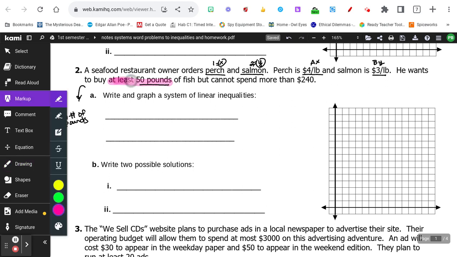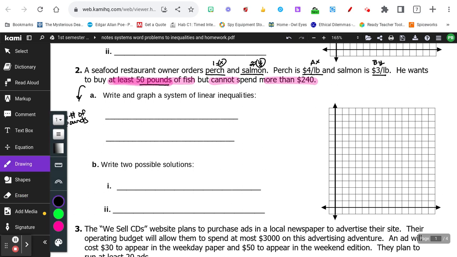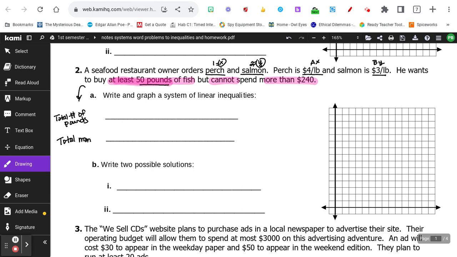At least 50 pounds of fish, but cannot spend more than $240. So this one is total amount of money. So on total number of pounds, it says at least 50.